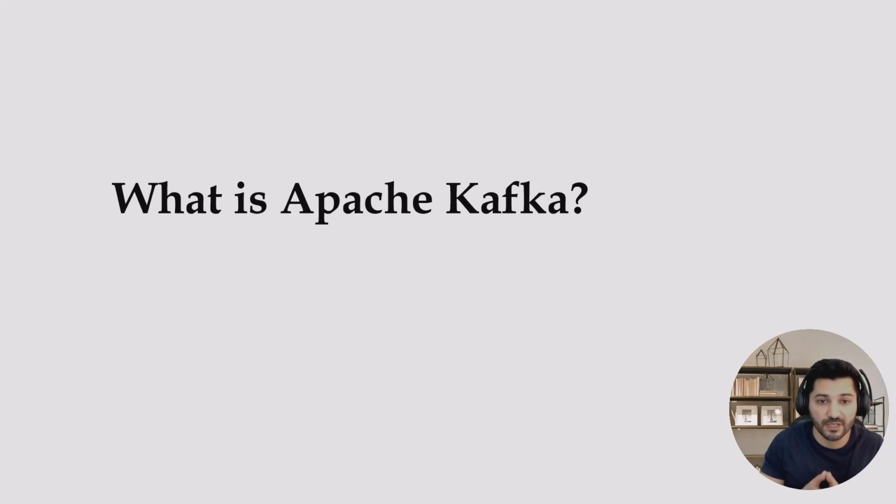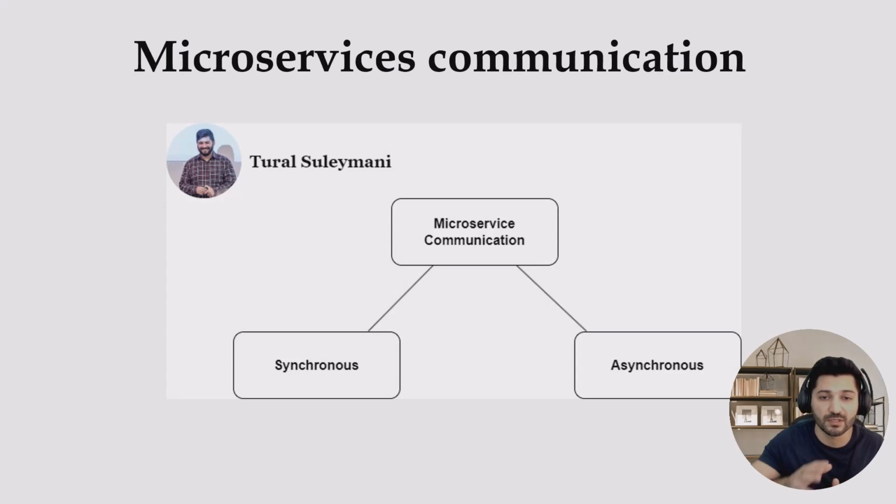For Apache Kafka, let's first understand microservice communication. I have covered all the aspects of microservice communications with real-world examples in my microservice communication tutorial, and in this tutorial, we'll just cover a few things related to microservice communication to better understand Apache Kafka. For microservice communication, we have asynchronous and synchronous communication.